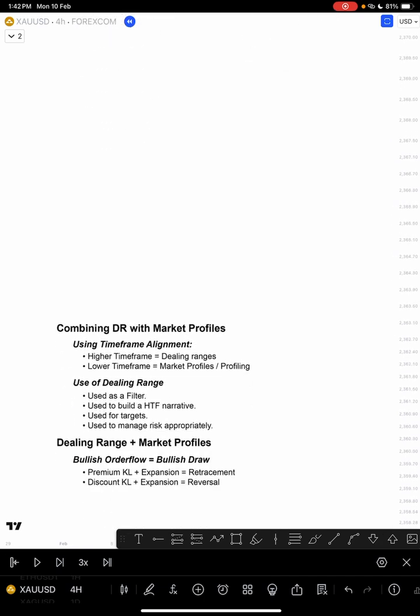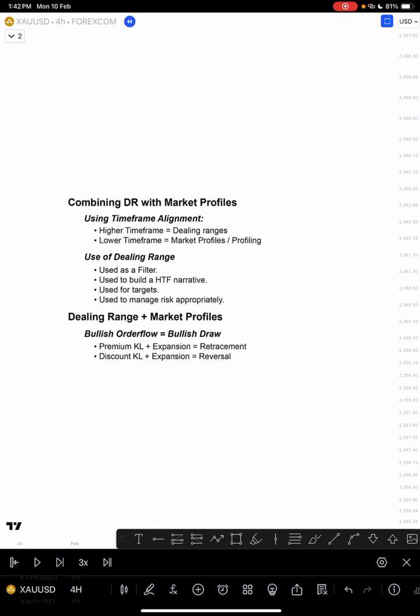So going lower, combining daily range with market profile. Using time frame alignment. Higher time frame, you can use your daily range. Lower time frame, you can use your market profiles. Uses of daily range: it can be used as a filter.